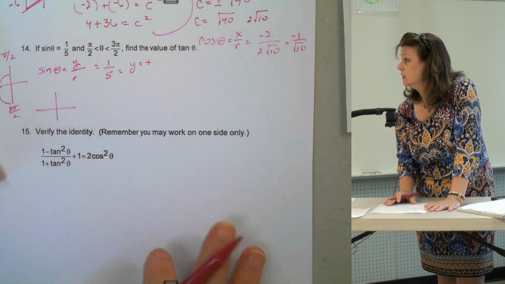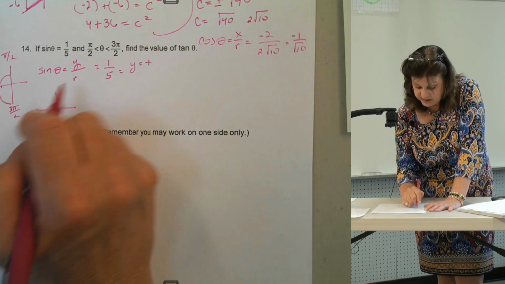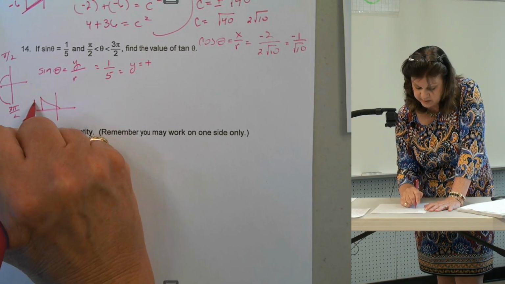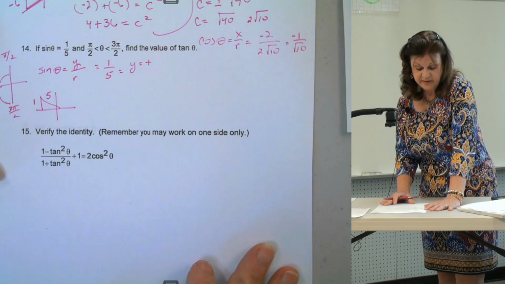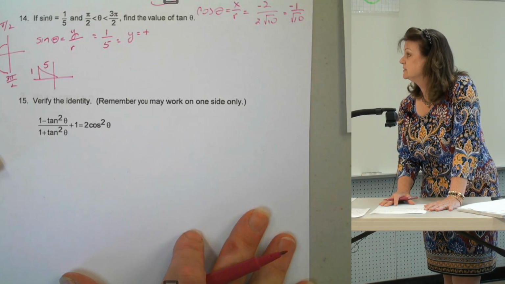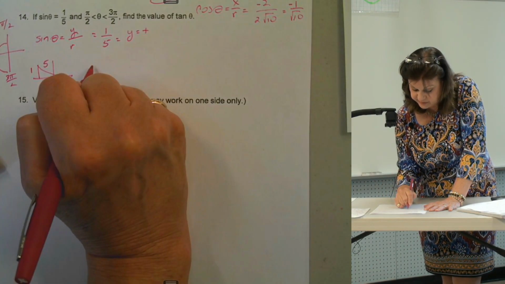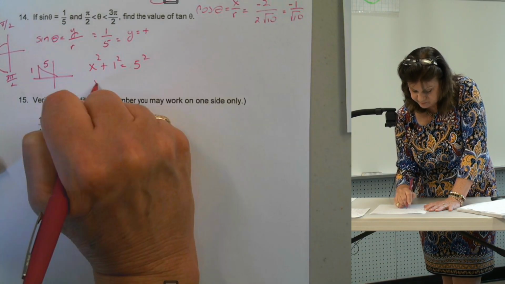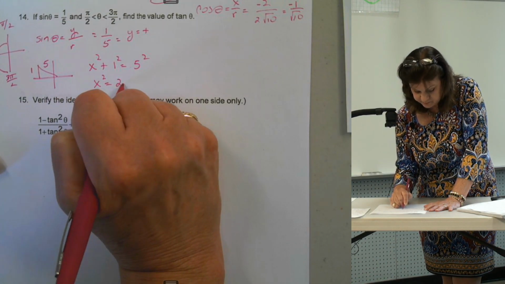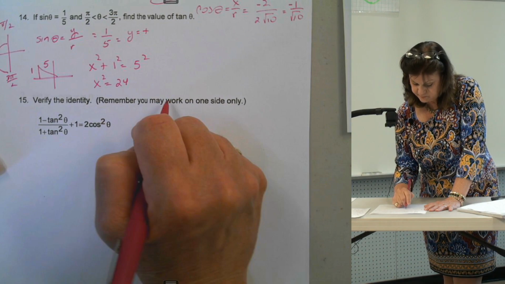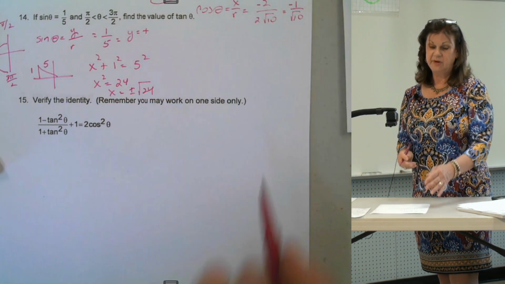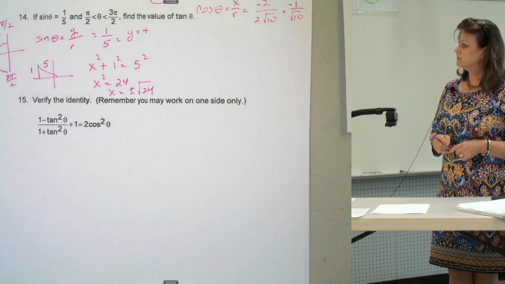I have to be. So now I've got a sine value of 1, an r value of 5, and I'm looking for tangent, which means, of course, I have to find cosine. So now x is plus or minus square root of 24.